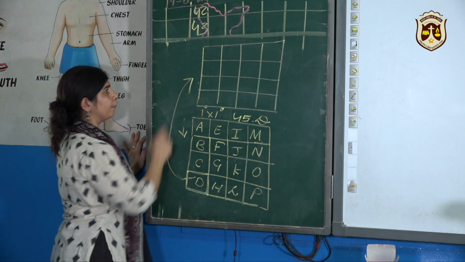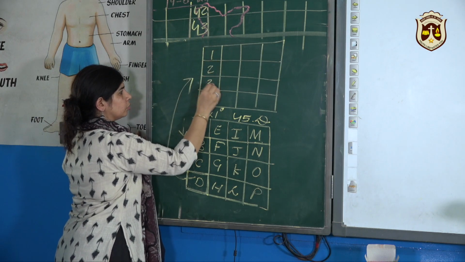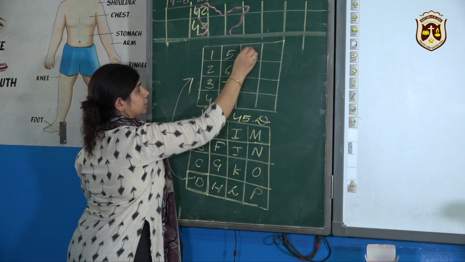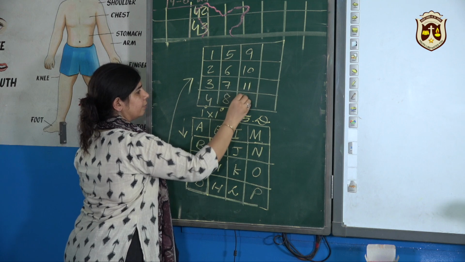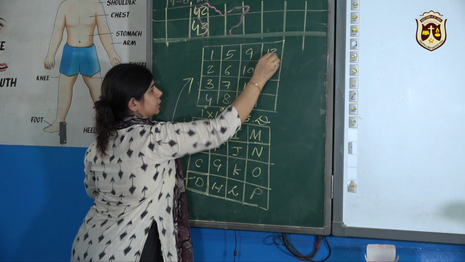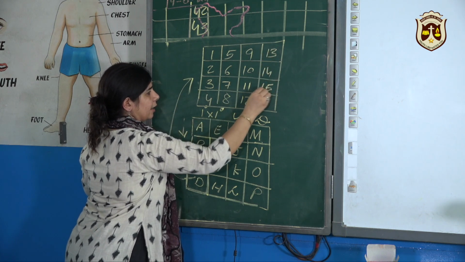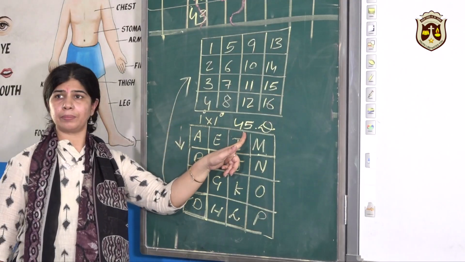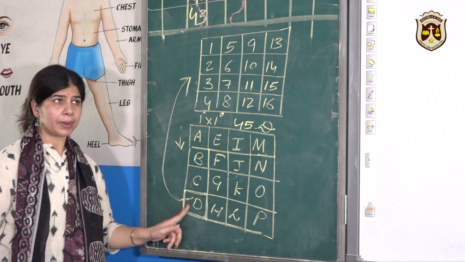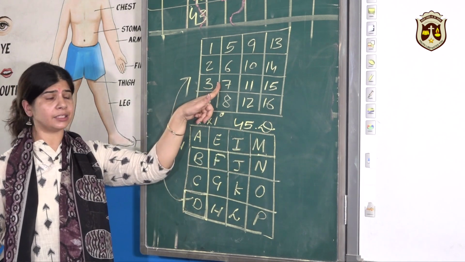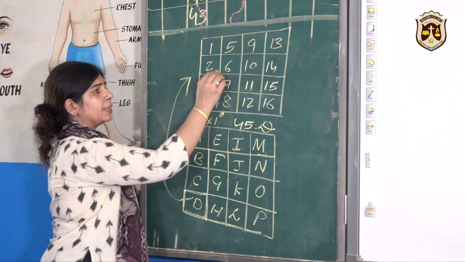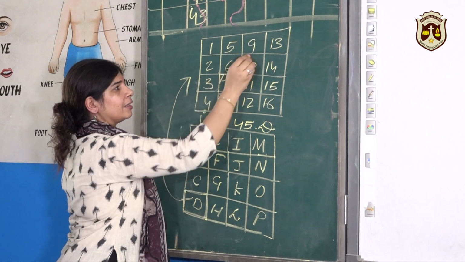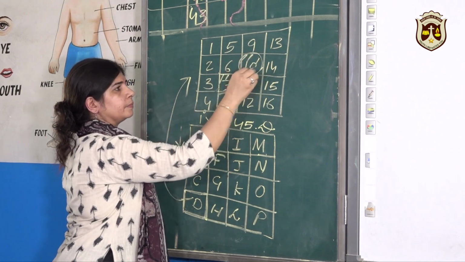And these are numbered as 1, 2, 3, 4, 5, 6, 7, 8, 9, 10, 11, 12, 13, 14, 15 and 16. Earlier I told you we have two numbers, 45D, and this D part is again divided into 16 different sections. So which part is in your syllabus? First this one, the 7th part, and this one, the 10th part.